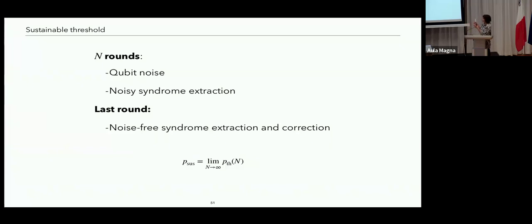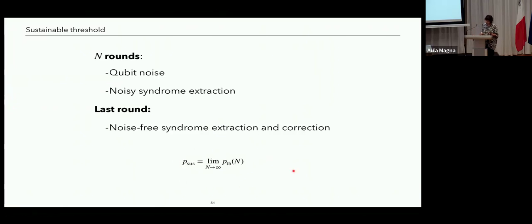So in the single shot setting, what we look at is this quantity here, which is worth looking at because it's different from what we had before. Before we had a threshold and we were just saying, the bigger the system, the less error.